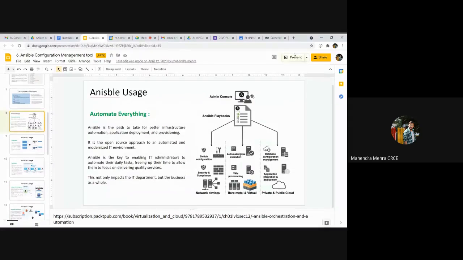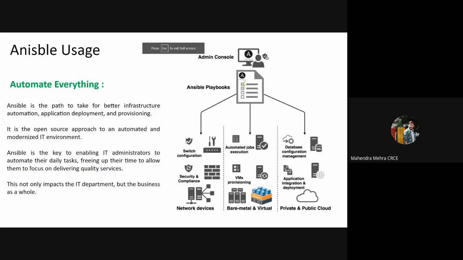Right. So if we talk about its usage, Ansible helps you automate everything. That is, an admin from a single console can run playbooks to configure appliances. You can also configure routers, switches, firewalls, databases, web server applications, or DNS or DHCP applications.